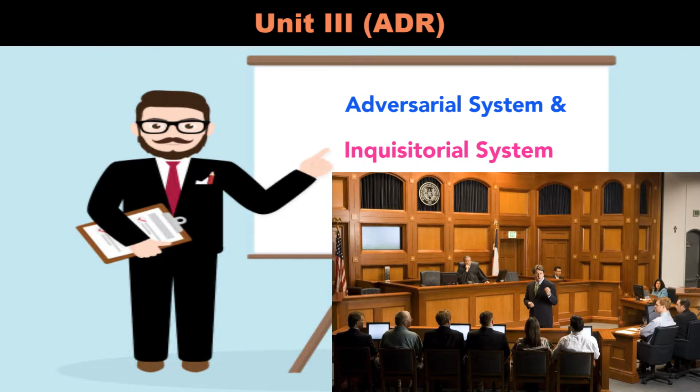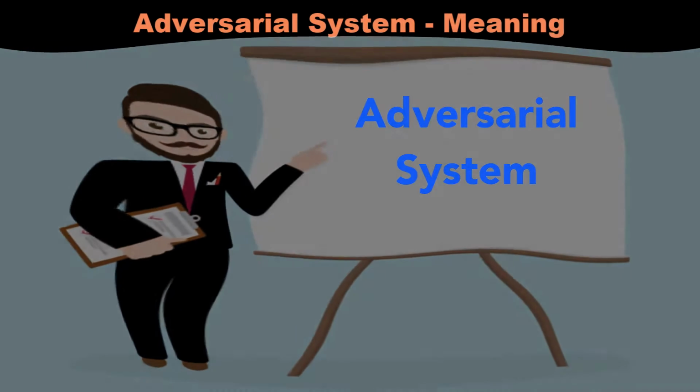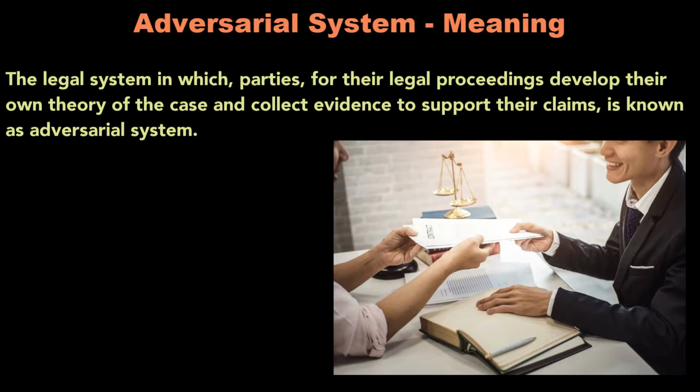So in this video I will discuss only the adversarial system. Okay? So first understand its meaning. The legal system in which parties for their legal proceedings develop their own theory of the case and collect evidence to support their claims is known as the adversarial system.